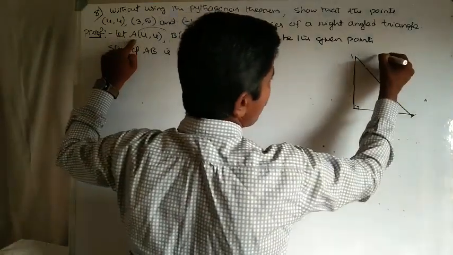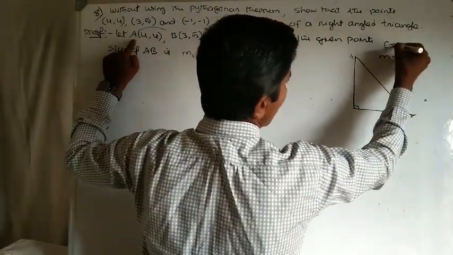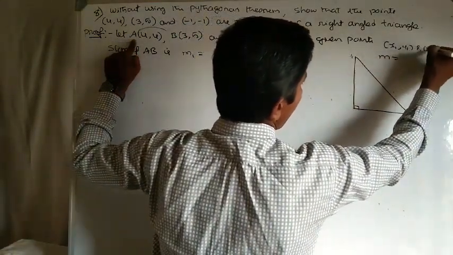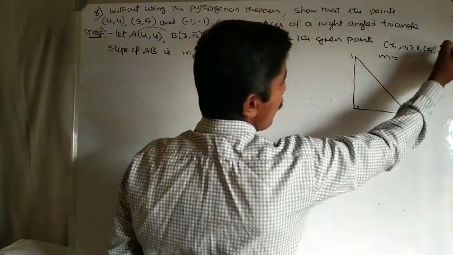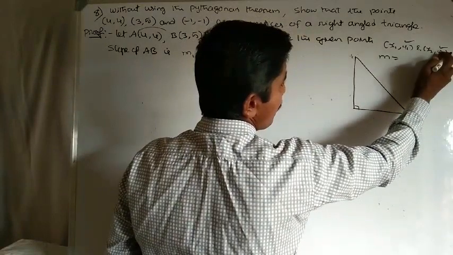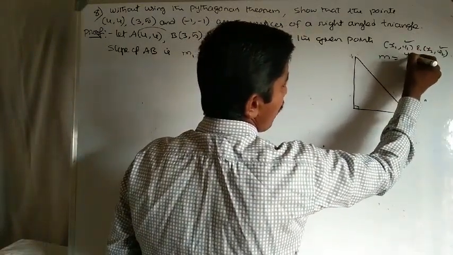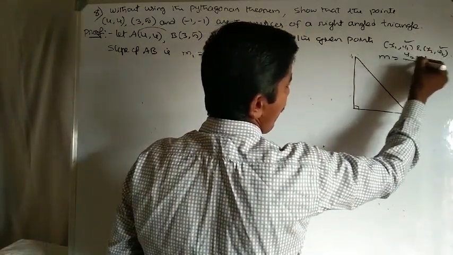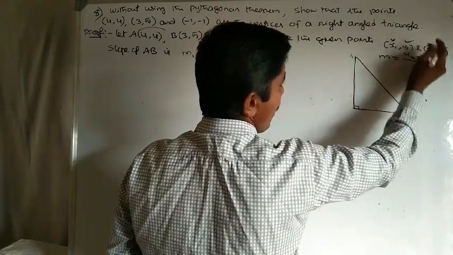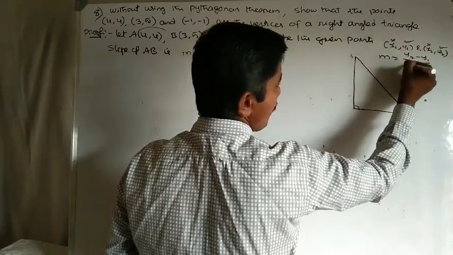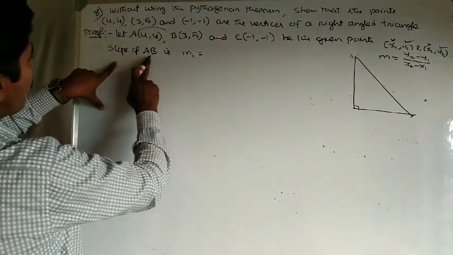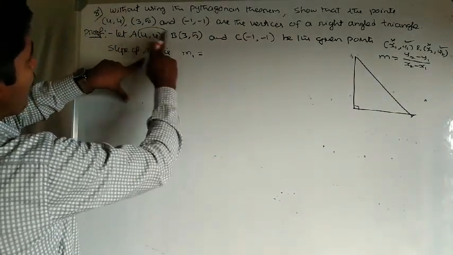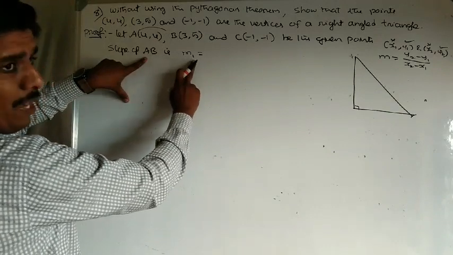We know that the slope of the line passing through x1, y1 and x2, y2 is given by the difference of the y coordinates, y2 minus y1, divided by the difference of the x coordinates, x2 minus x1.